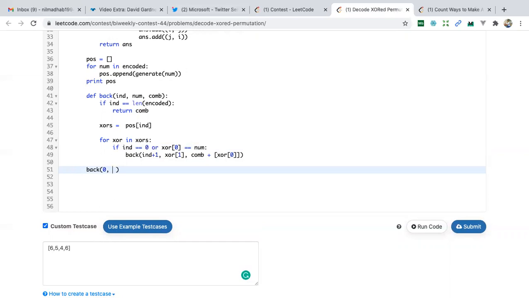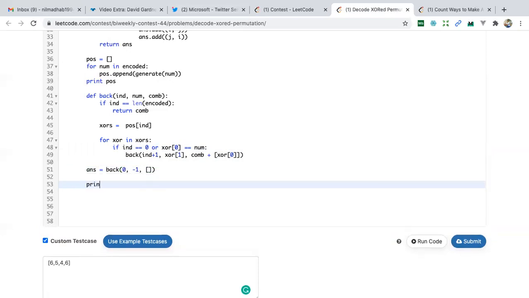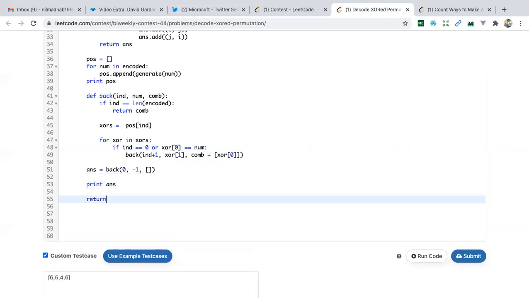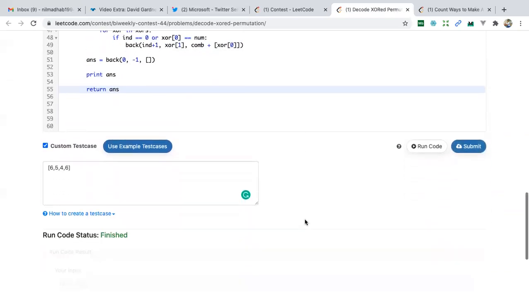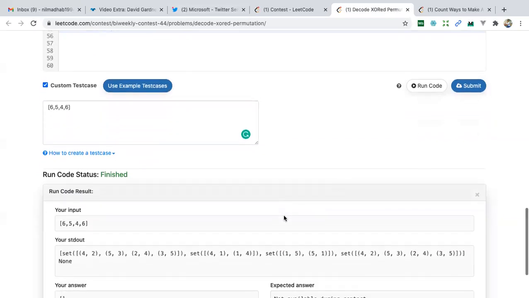Index number is not required, the number can be -1, because for the first index we will anyway go to the second one. And combination will be a simple array, like this. Answer will be this, print answer, return answer. Just need to debug it, it should work.